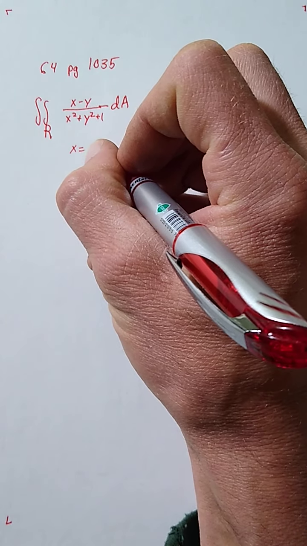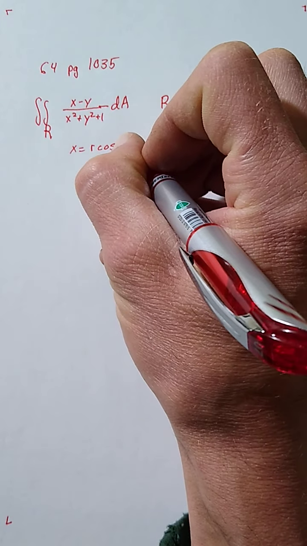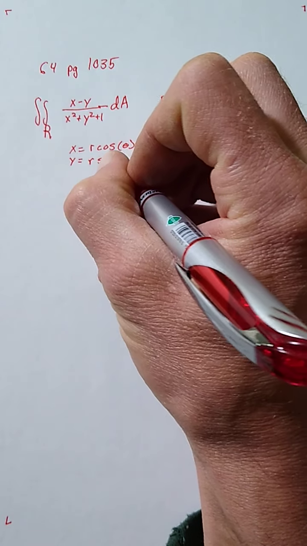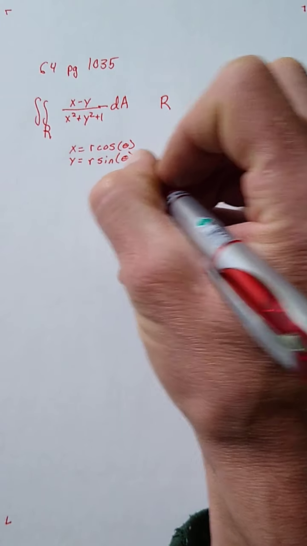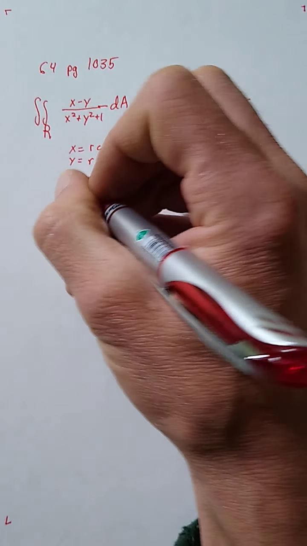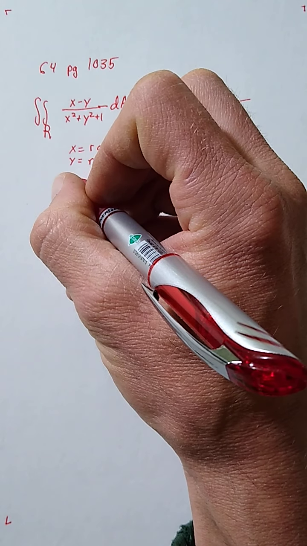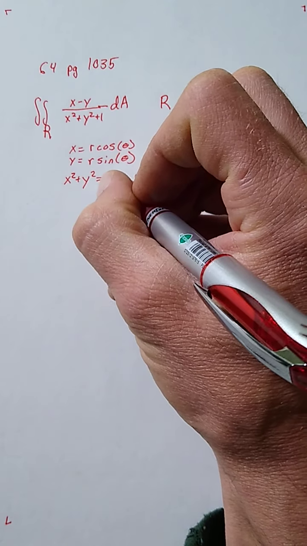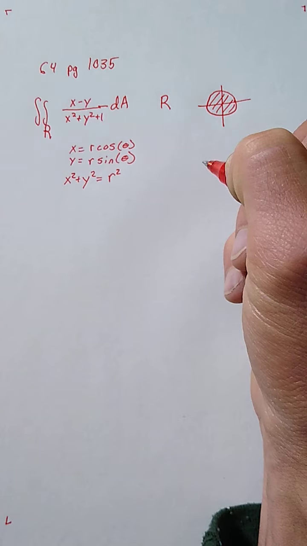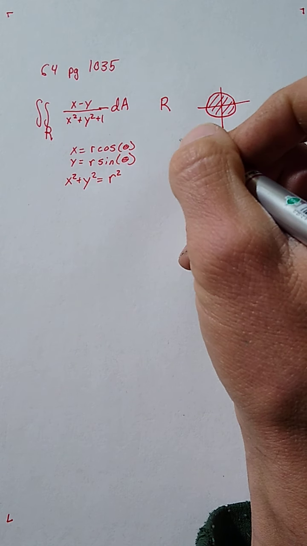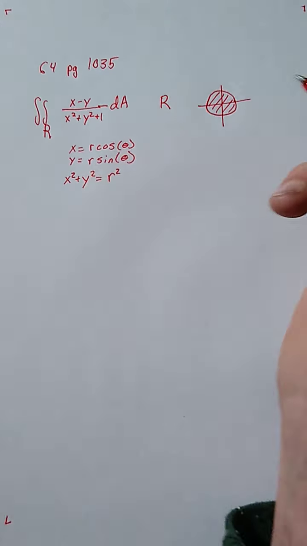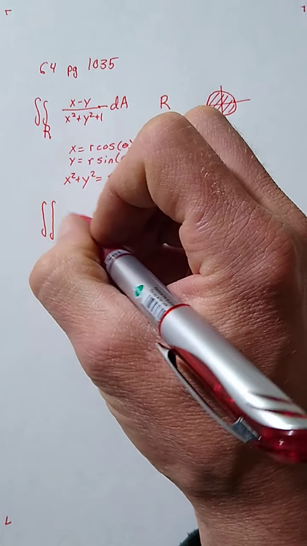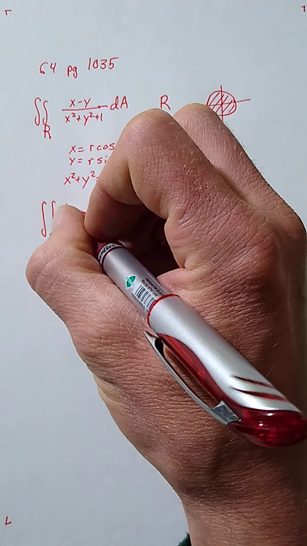So x equals r cosine theta, y equals r sine theta, and then through the Pythagorean theorem, we know that x squared plus y squared is just going to equal r squared. Check.